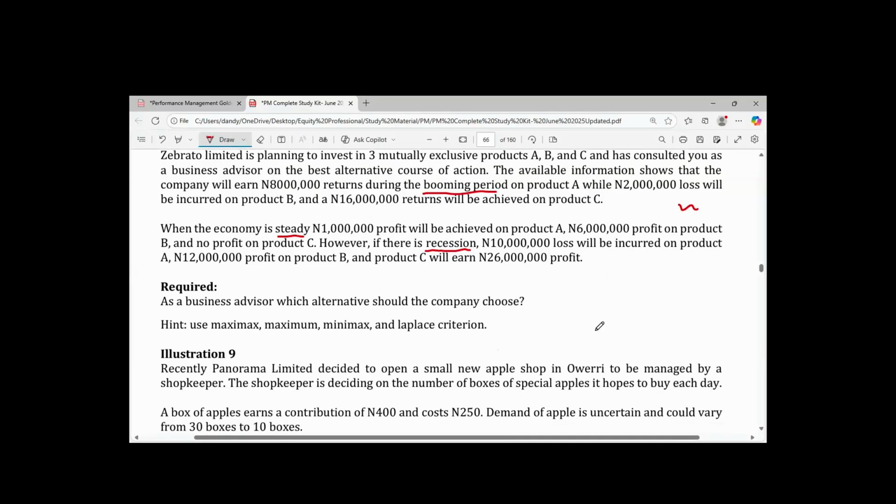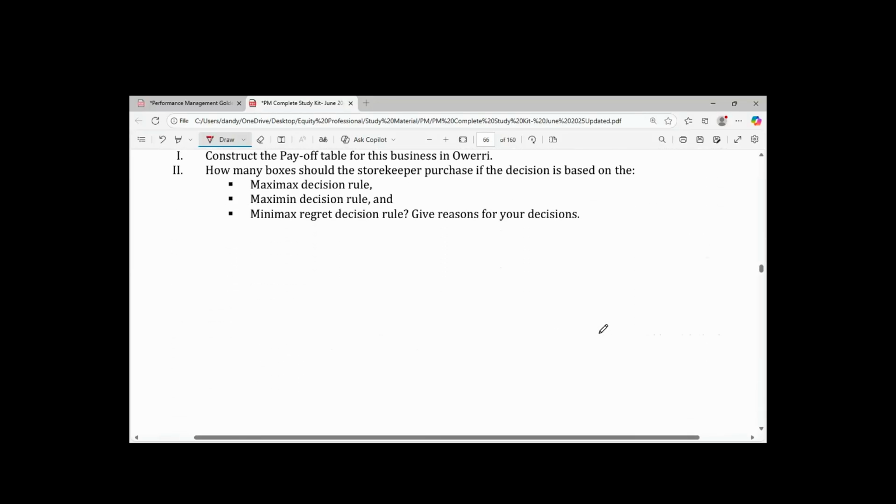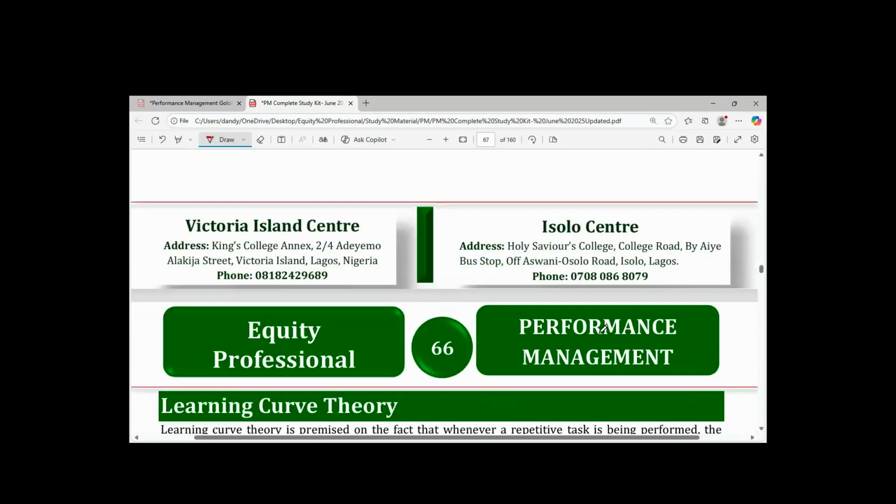Required: as a business advisor, which alternative should the company choose? Hint: use Maximax, Maximin, Minimax regret, and Laplace criterion. Thank you very much, Taufikat. So that is the question. Chidiman is asking what page.